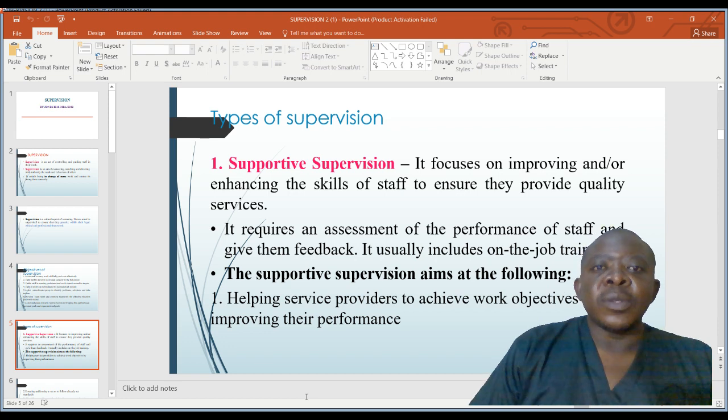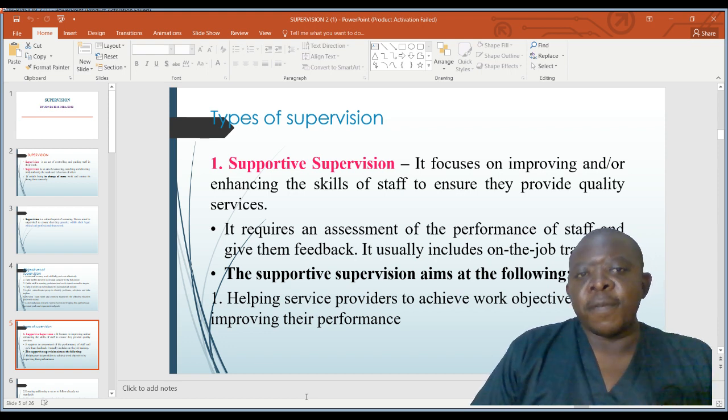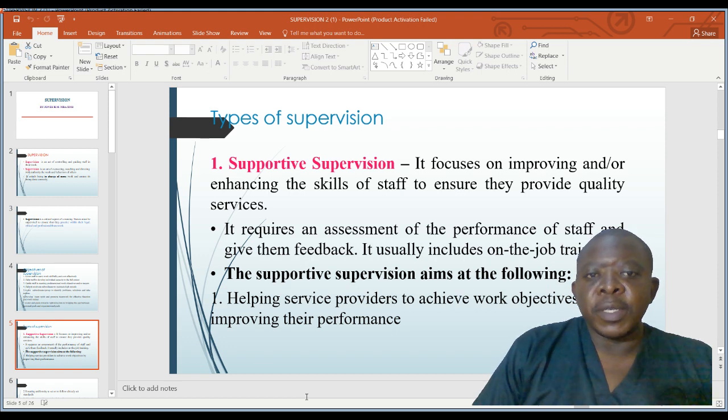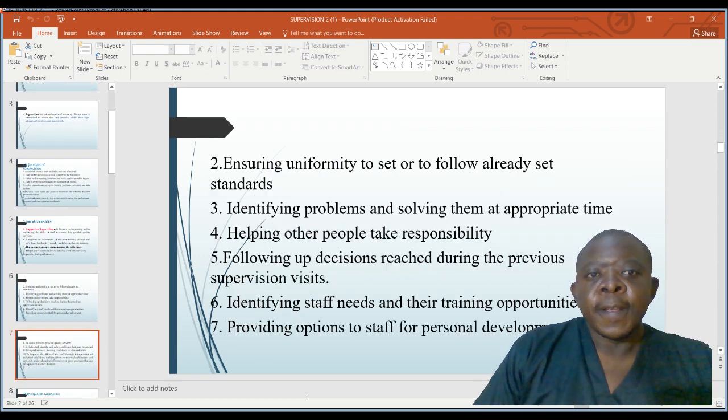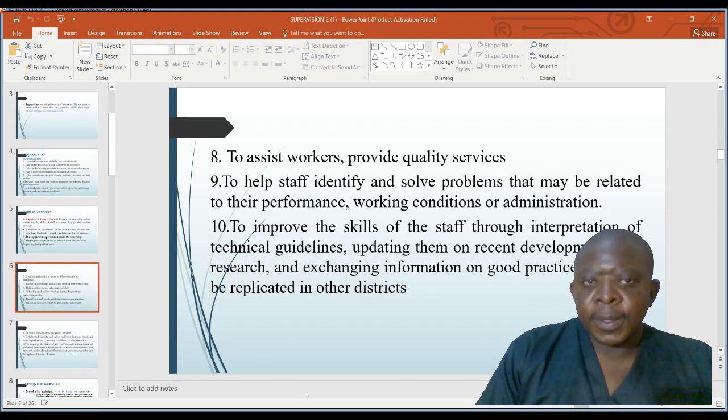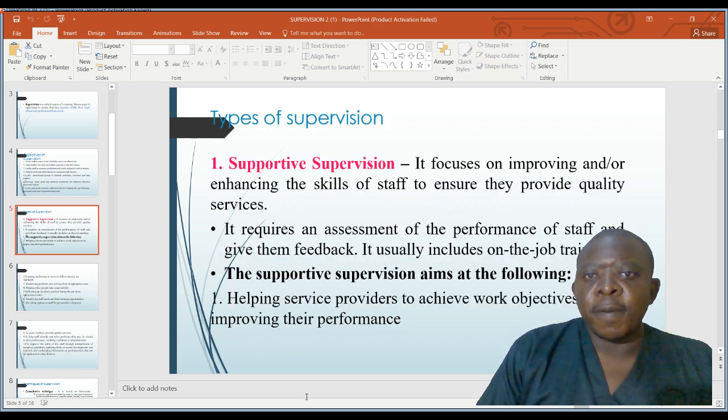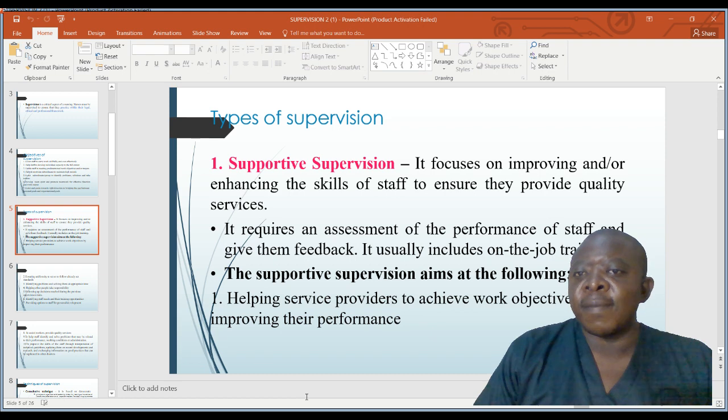Then we also looked at types of supervision, of which we discussed supportive supervision, which focuses on improving or enhancing the skills of staff to ensure they provide quality services.